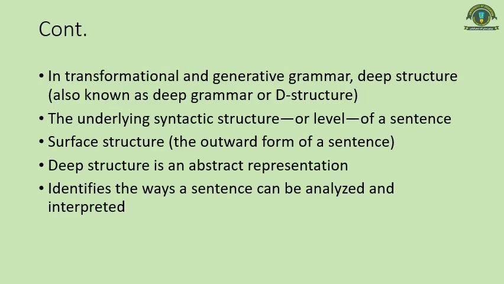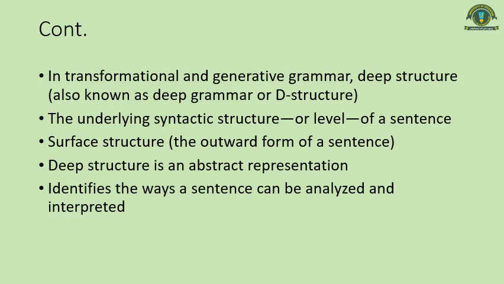In contrast to surface structure, which is the outward form of a sentence we hear or see, deep structure is an abstract representation. I'm repeating, an abstract representation that identifies the ways in which a sentence can be analyzed and interpreted. For example, we have seen previously two examples.